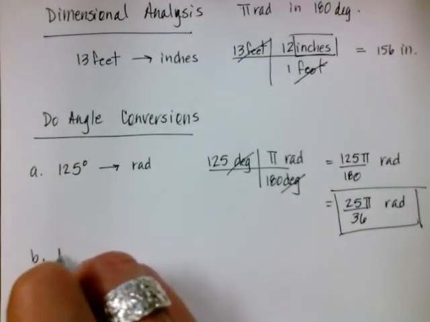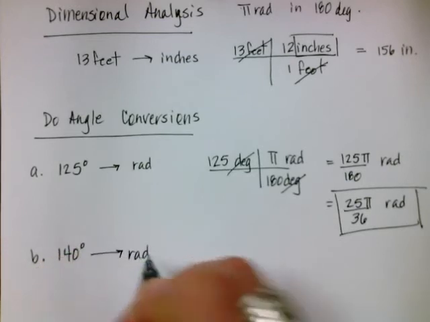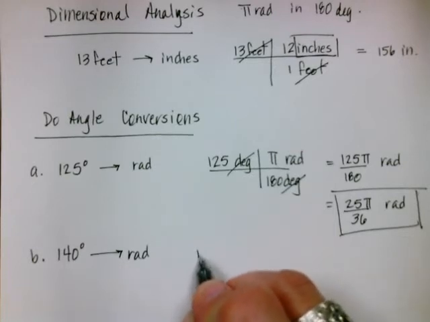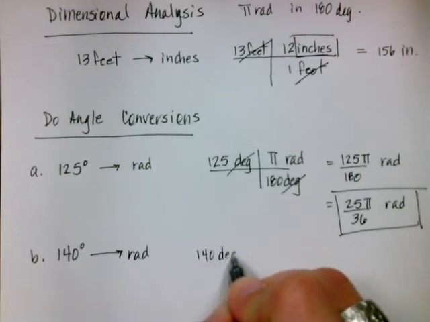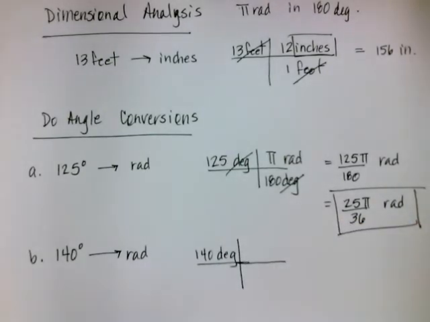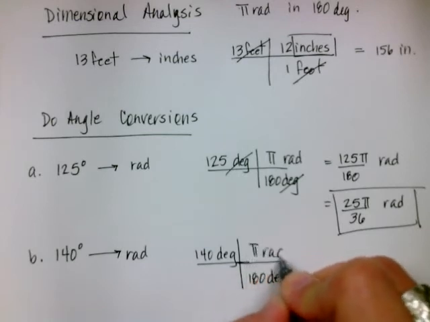All right, the next one is I'm going to convert 140 degrees to radians. So I start with my little table. I have 140 degrees. I usually write the word degrees because sometimes that little degree symbol gets lost. I know that there are 180 degrees in pi radians.